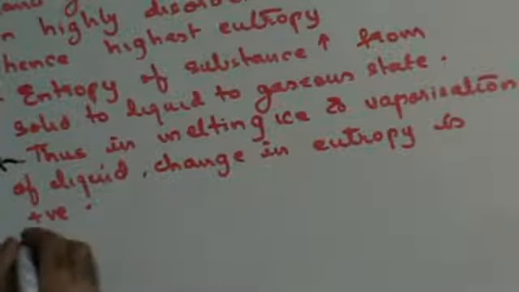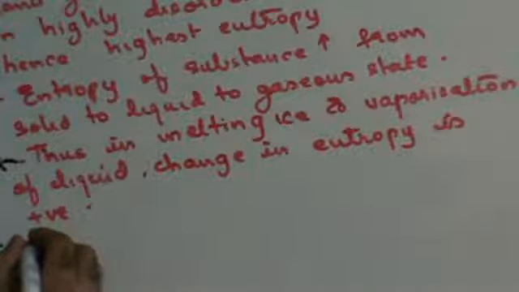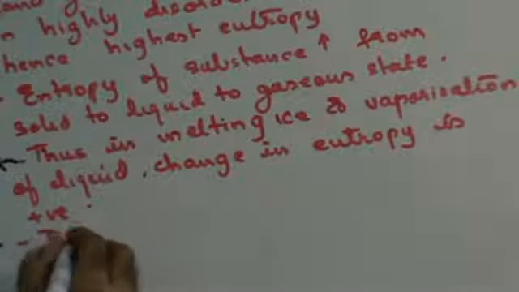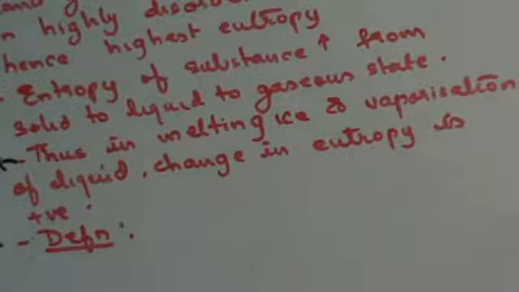So on the basis of this, how do I define entropy change? Definition, right? Now it is very difficult to measure to what extent a substance is in a disorderly state or in a random state.